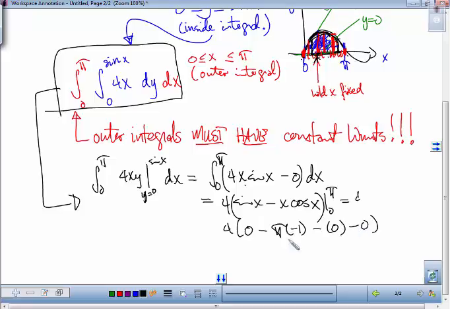Okay, so I think all we have left is positive 4 pi. Okay, is that good? I should check. I think this is a problem that we just took from here.